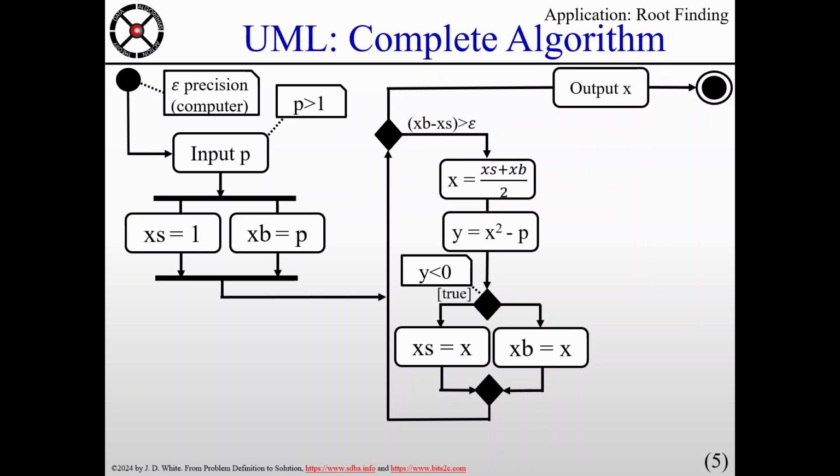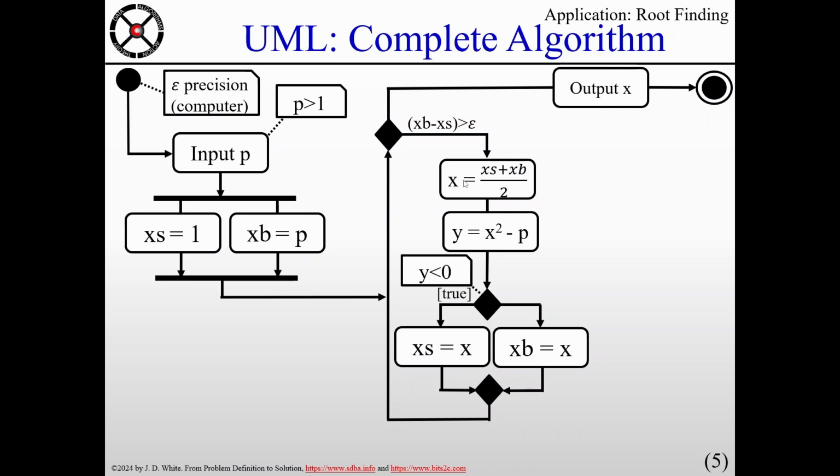So if I try 2 first, 2 squared is going to be a positive number. I know 2 is too big, so that I can reduce xb by a half. Okay, so 1.5, we try again, and we keep rotating around and around until we are less than epsilon. Then we output our x.